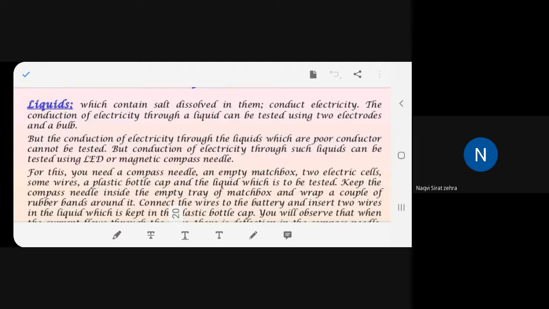Now, the liquids which are poor conductors, you cannot test with this mechanism. But we can use LEDs or a magnetic compass needle to test the conductivity of the liquids.